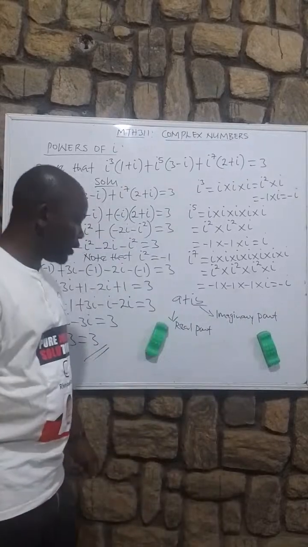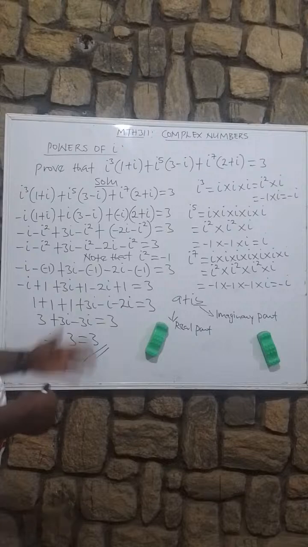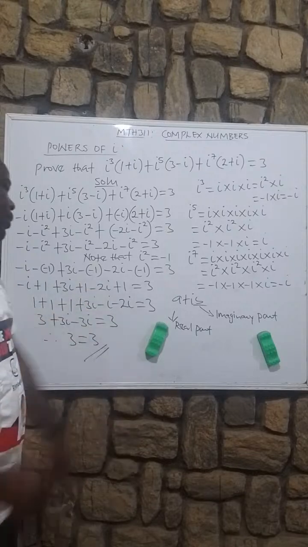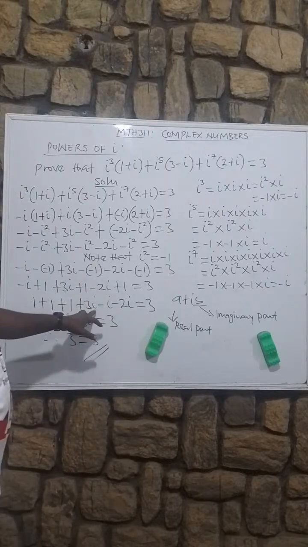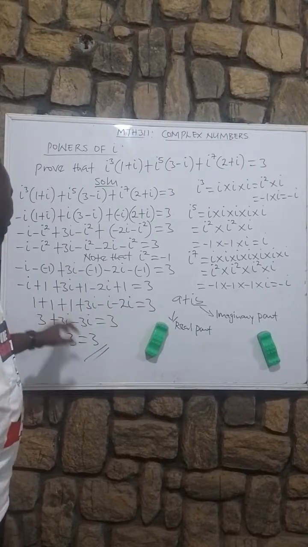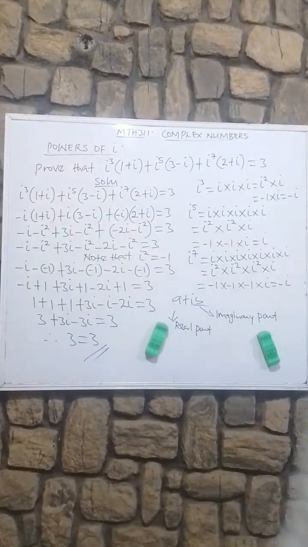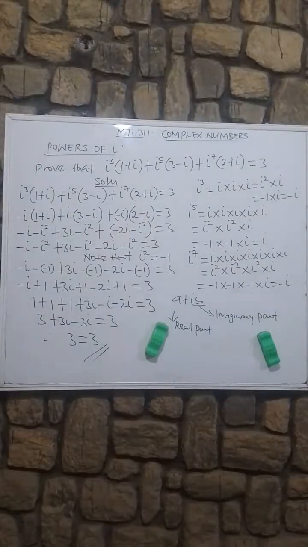Those who were in class know it. So we have to take the real to one side, then the imaginary to another side. This is the imaginary part. This is real. That's how we got this solution.